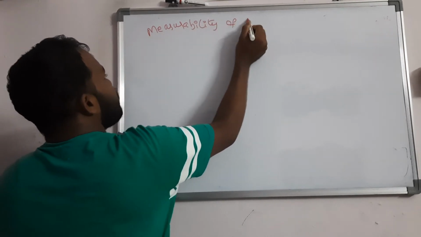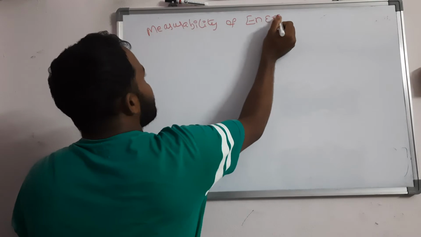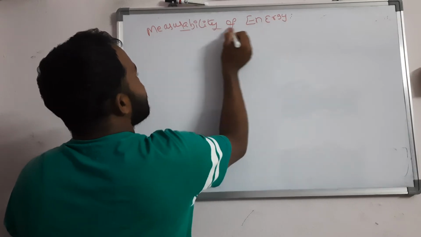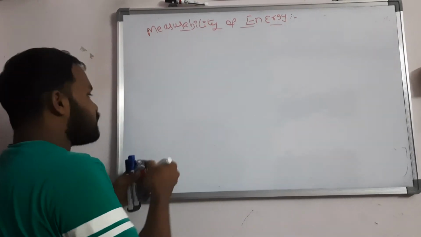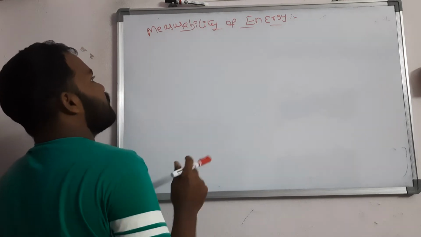So measurability of energy is nothing but the energy of a particle in 1D box. Directly, using this you should find out the energy of a particle.